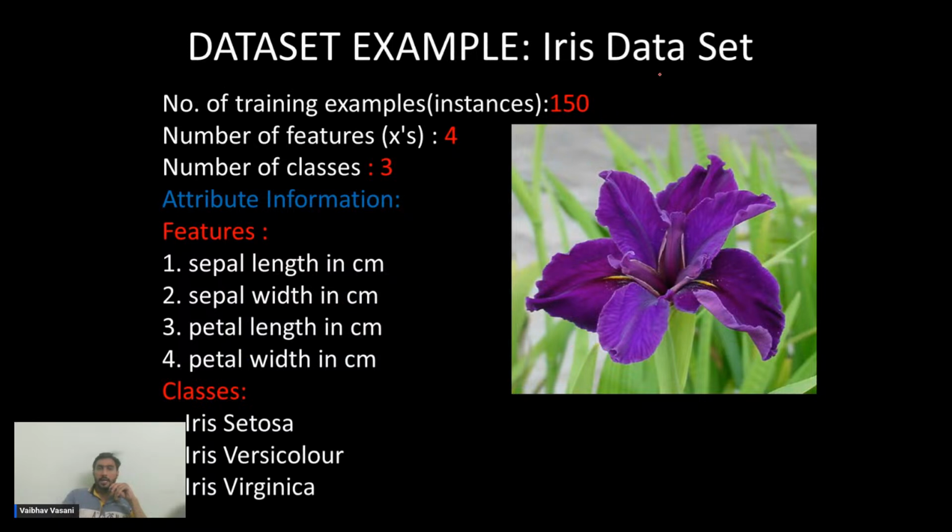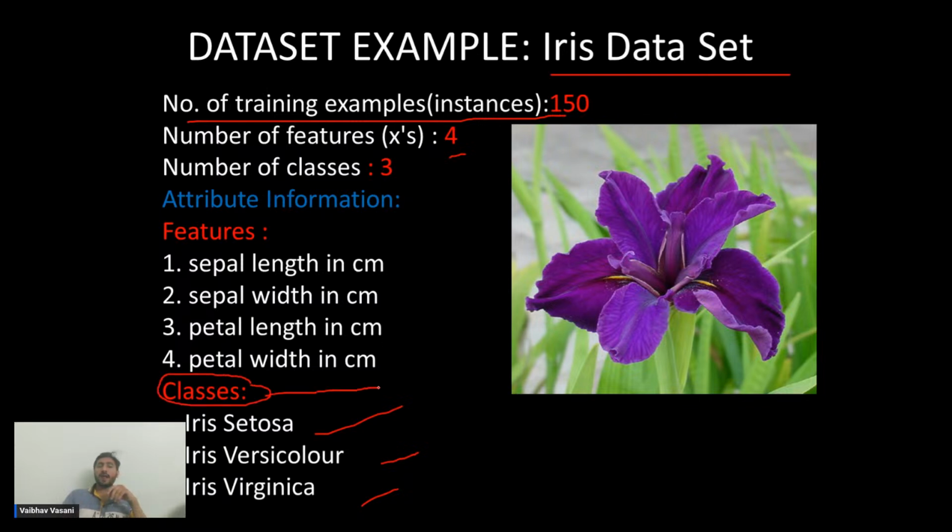Data set example: the iris data set. One of the popular data sets is the iris data set, with 150 training examples and 4 features: sepal length, sepal width, petal length and petal width. The classes are Setosa, Versicolor, and Virginica. This data set consists of classes, or what we call labels.